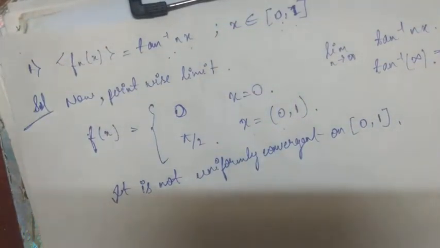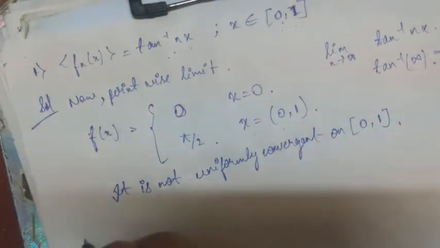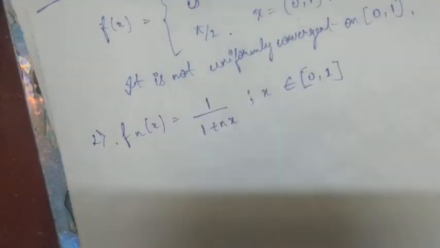Let's take up another problem, which is the second problem. Here f_n(x) = 1/(1 + nx), once again on the closed interval [0, 1].